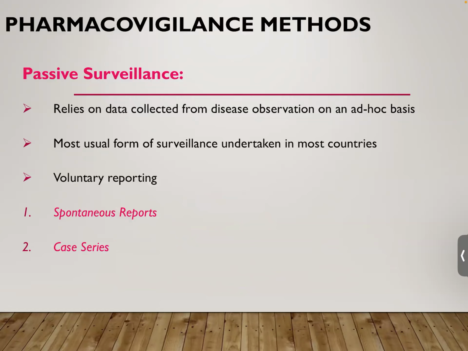Passive surveillance is where a doctor, nurse or healthcare professional notes something and voluntarily reports it. Even a patient can. This is actually a very good system, because the thalidomide tragedy was voluntarily reported by an Australian doctor.